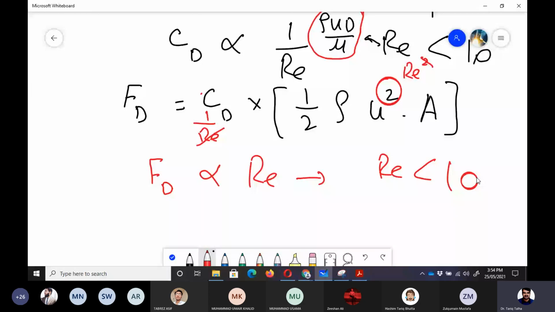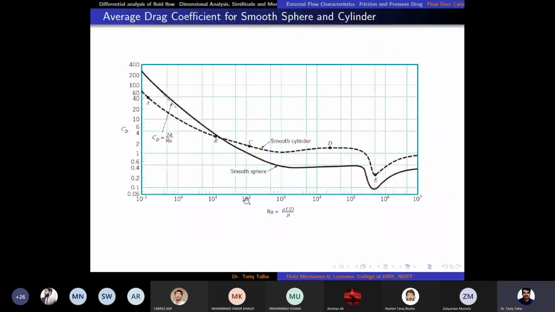Okay, that is good, because that is the most critical part: that you understand this concept, that at low Reynolds number, total drag force would be directly proportional to the flow velocity. Now, if we move a little bit further, you can see the mouse cursor from 10 to power 3 to 10 to power 5. You can see kind of a straight line here for the CD.